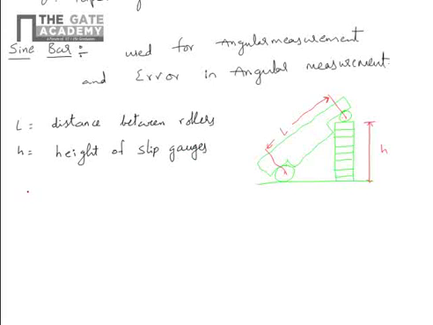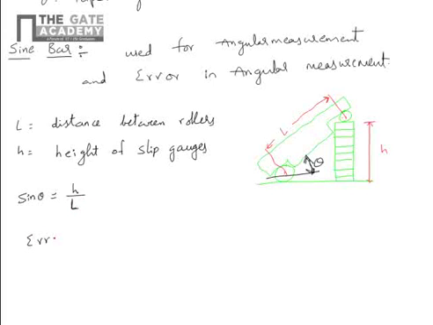If you want to measure the angle here, theta is this angle, sin theta equals H by L, that's why it is called a sine bar.